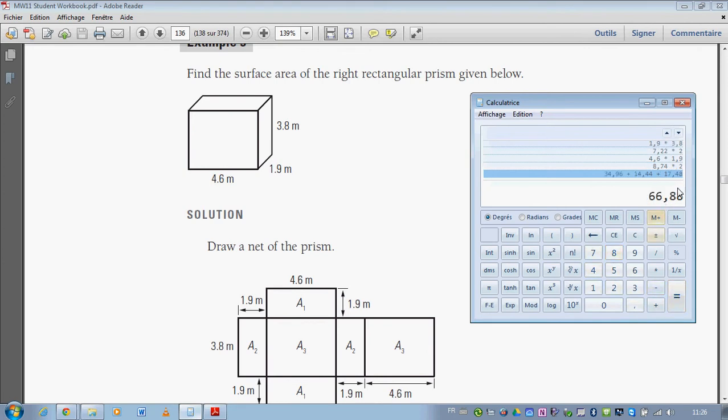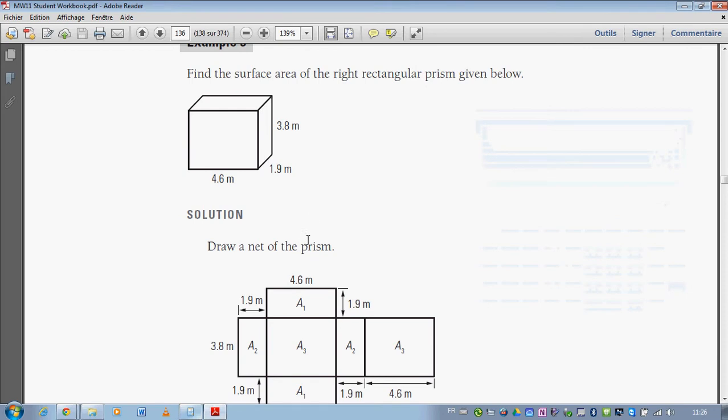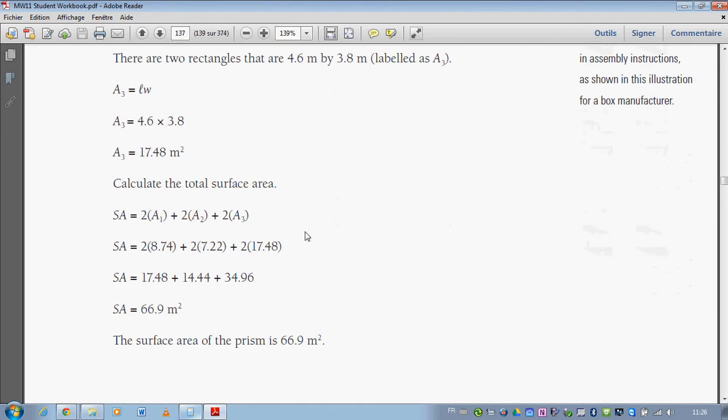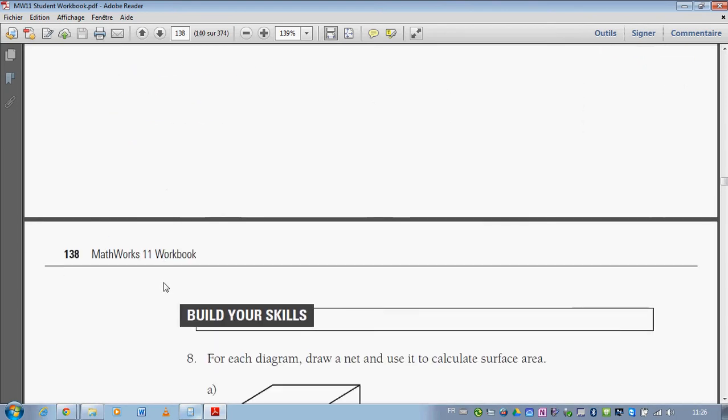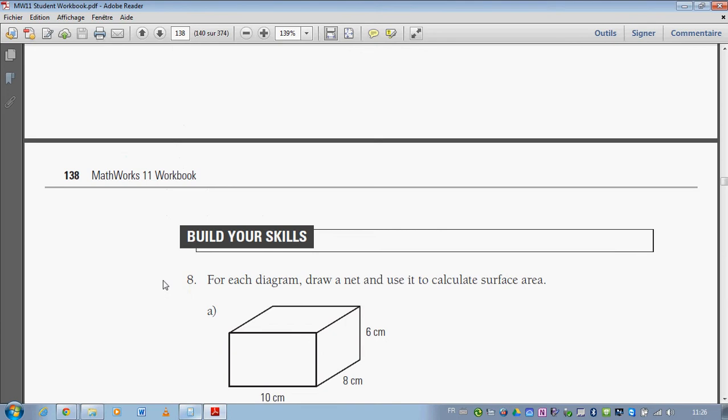So what you have to do is add all of those areas together, and you get 66.88, or probably 66.9 is what they'll tell you is the answer. So there you go, 66.9, and that's what your workbook does show. Okay, at this point, you can pause the video and try out the Build Your Skills questions on page 138 of your workbook.